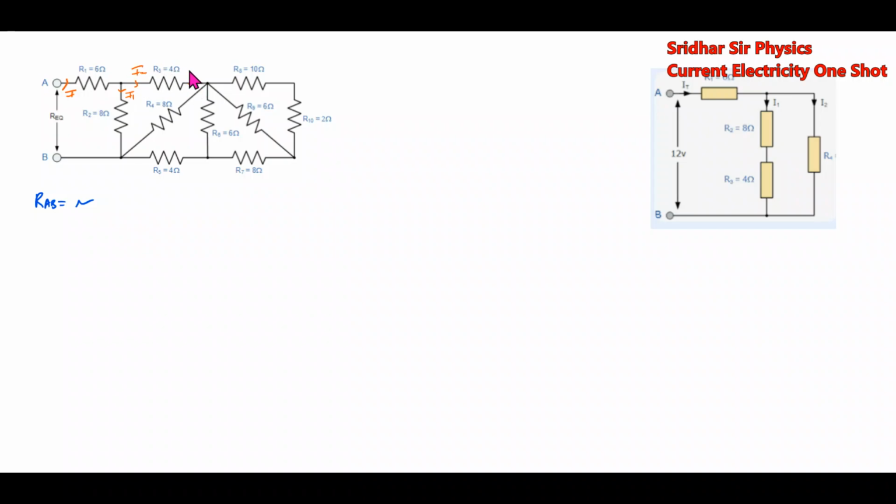Next, this I2 will branch out again into I3, I4, I5 and I6. Look at this I6. These two have the same current flowing, so these two are in series. Then the effective of that will be how much? 12 ohm. 12 ohm parallel to 6 ohm. Then replacing it, it will be like this.